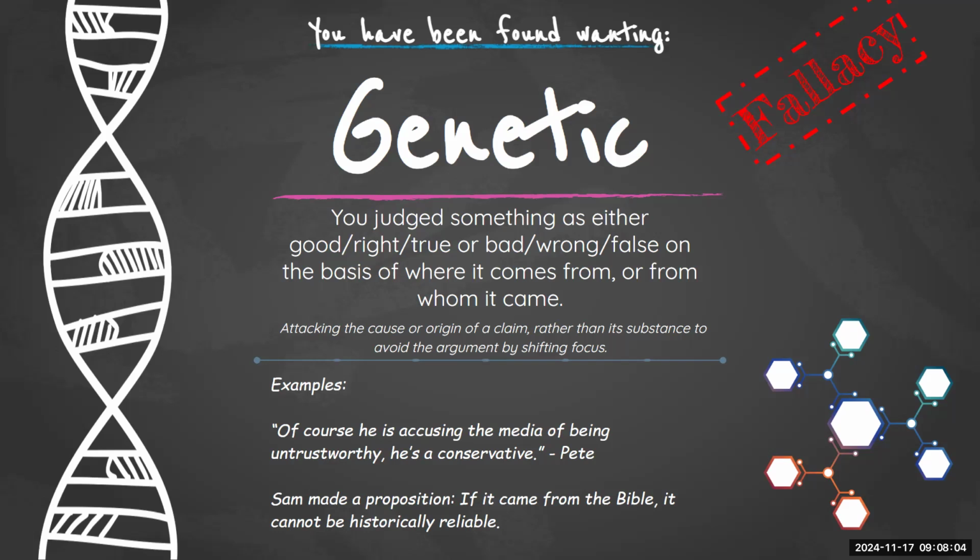A genetic fallacy is that you've judged something as either good, right, or true, or bad, wrong, false, on the basis of where it comes from or from whom it came.